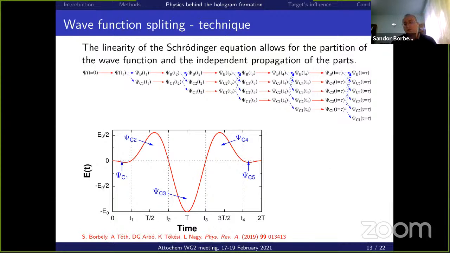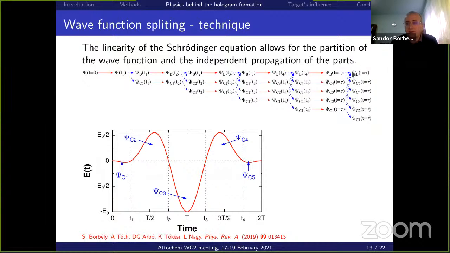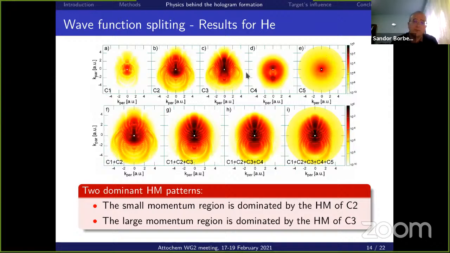And we have applied this wave packet splitting technique to a model helium system. Basically, after we have obtained these partial wave packets, we have calculated the momentum distribution of the continuum electrons for each wave packet, and you have here the C1, C2, C3, C4 and C5 wave packets.